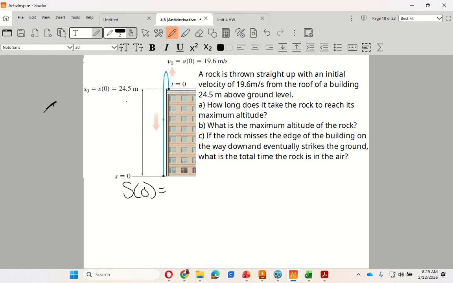That is my position. If you didn't know that off the top of your head, you need to make sure you understand that. So S refers to my position. In this case, S of 0 is going to be my 24.5 meters, right? Okay. And anything else I know?